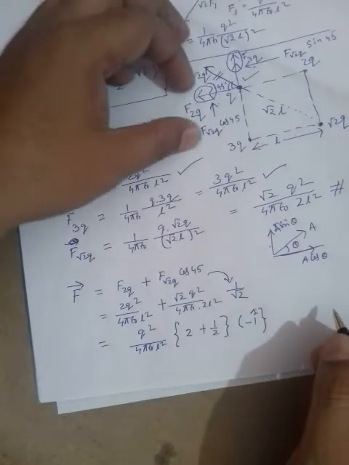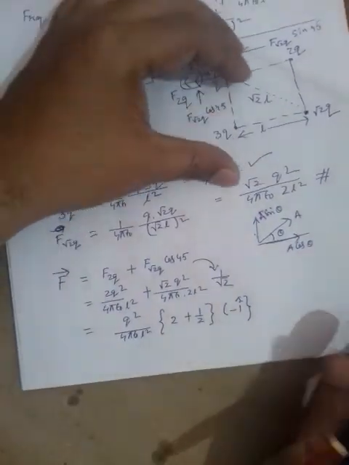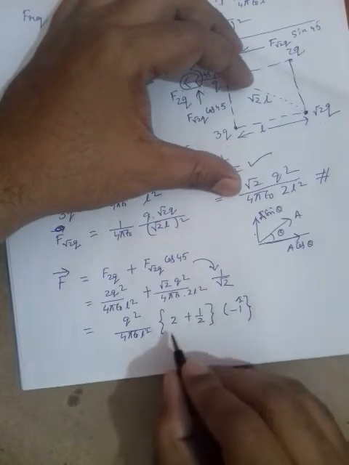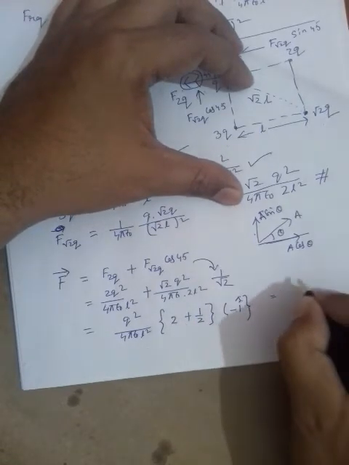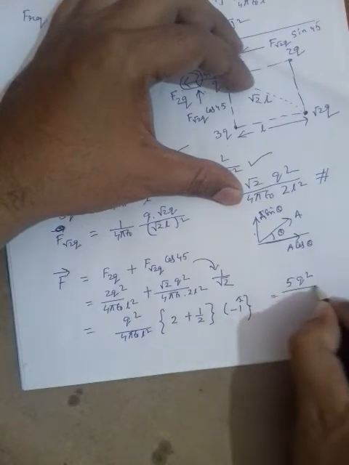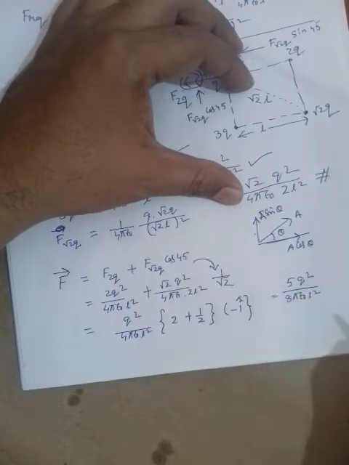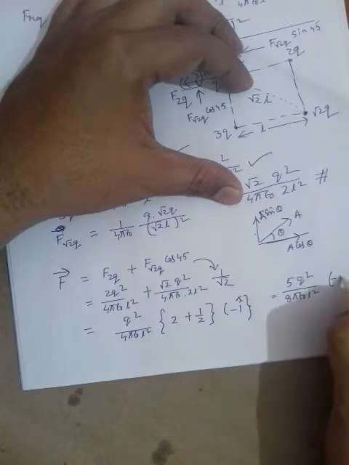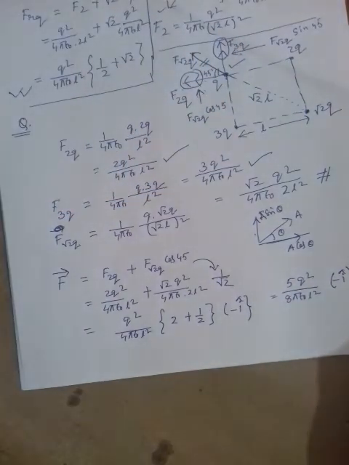I am writing in vector now. You can write in the direction opposite to x-axis also. If you simplify, then if you take LCM, it is 5 by 2. So it becomes 5q square by 8 pi epsilon naught L square minus of i cap. I have no difficulty in that.